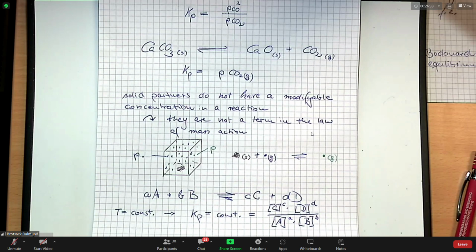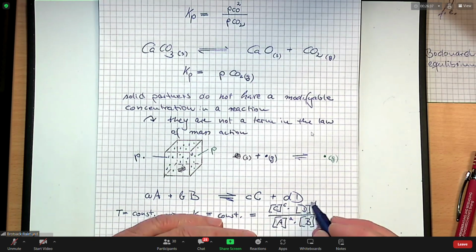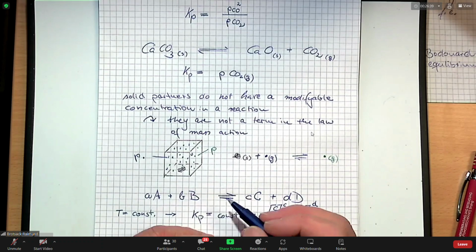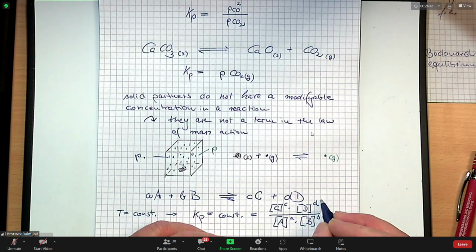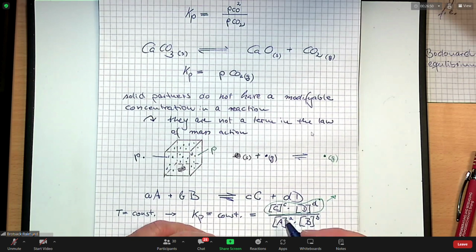But when C and D are constant at constant temperature and volume, but we have more product, and this is increasing, that automatically means this is increasing too, because Kp is constant.